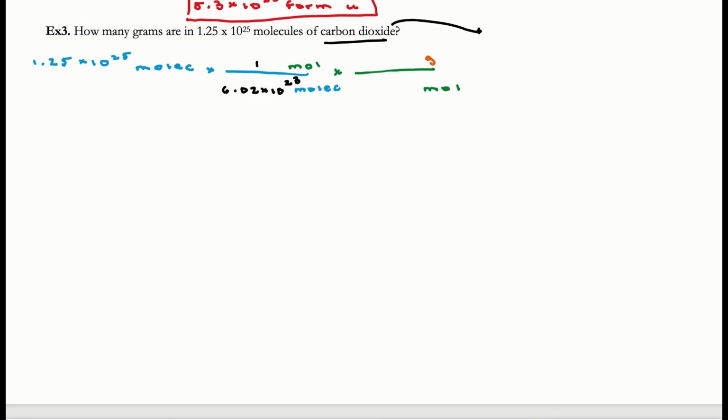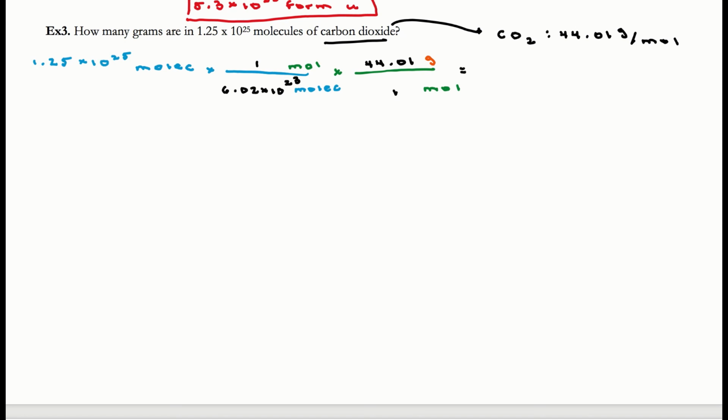The formula of it is CO2. So carbon has a molar mass of 12.011. Oxygen has a molar mass of 15.999. I'm going to multiply that by 2 because I have 2 oxygens. And so what I get for my molar mass of carbon dioxide is 44.01 grams per mole. So I'm going to put the molar mass, 44.01, in front of grams. There are that many grams for every 1 mole.